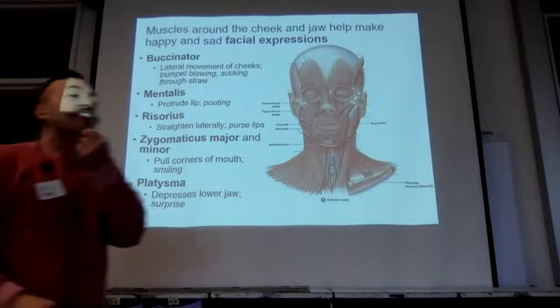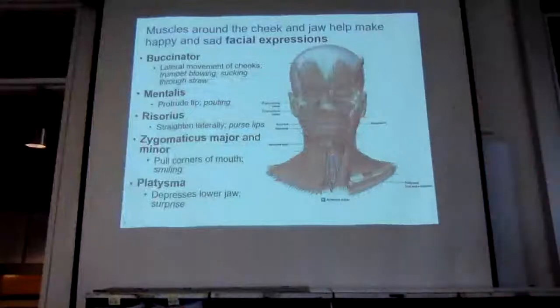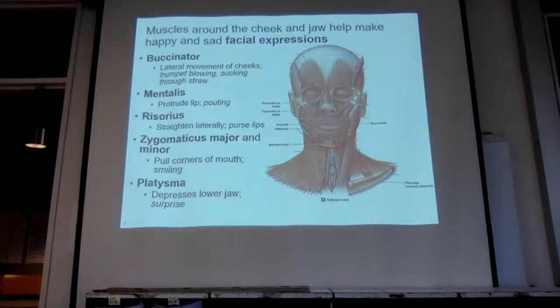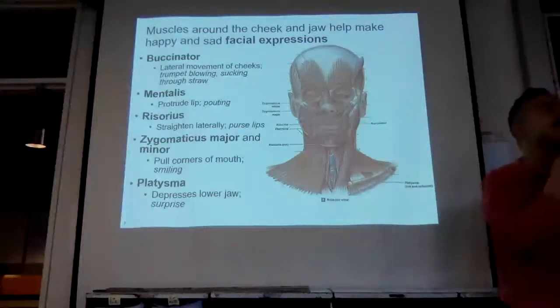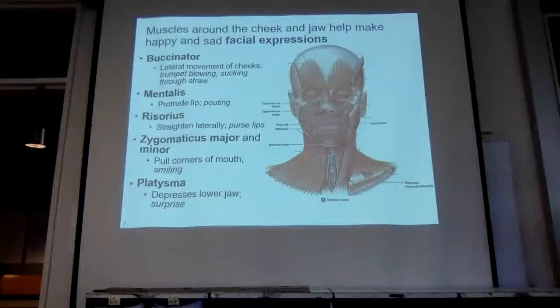The muscle at the very base of the chin, that's the mentalis. Remember the chin region is called the mental region? Mentalis. If you protrude your lip and pout, you contract this muscle here.